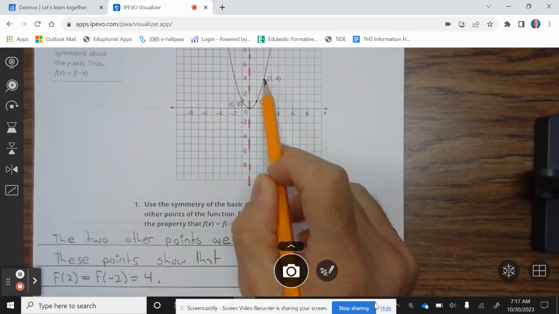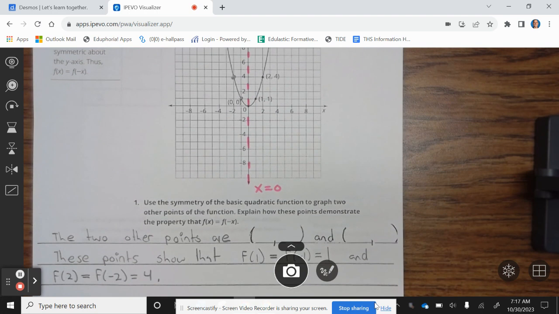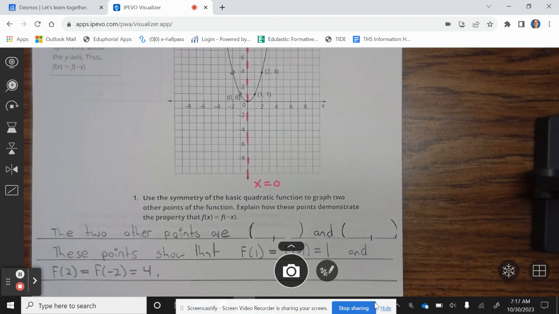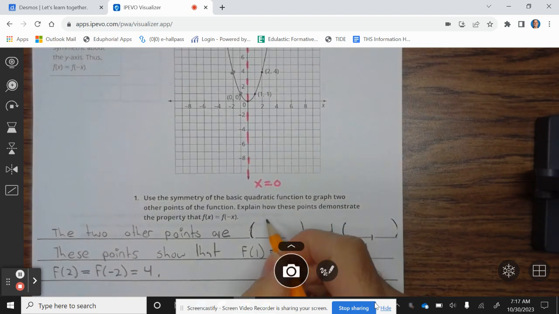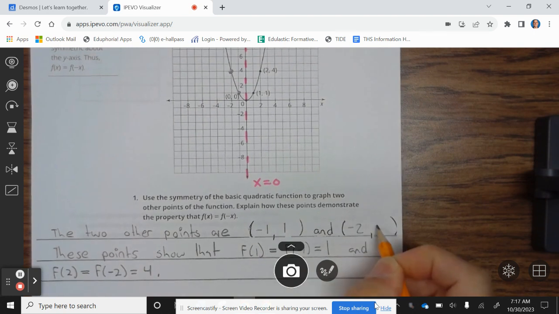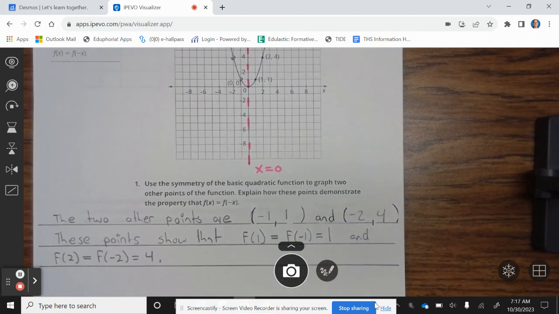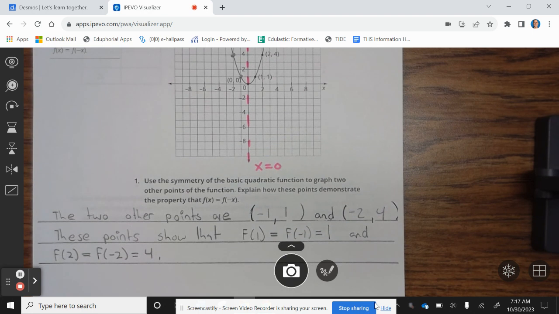And if this point's 2, 4, this point's going to be negative 2, 4. So the two other points are negative 1, 1, and negative 2, 4. These points show that f of 1 equals f of negative 1 equals 1, and that f of 2 equals f of negative 2 equals 4.